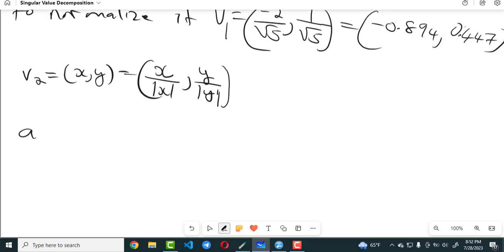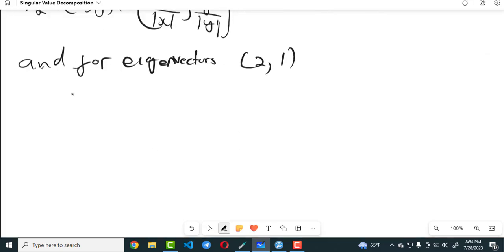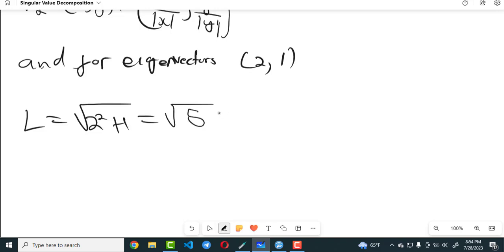So now for the eigenvector of 2 and 1, after computing, we say that L is equal to the magnitude, the square root of 2 squared plus 1 squared, which is equal to root 5, which gives us nothing but 2.236.